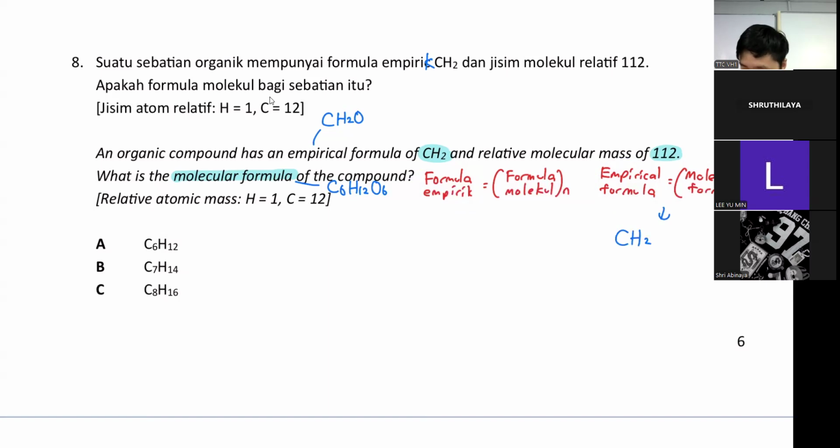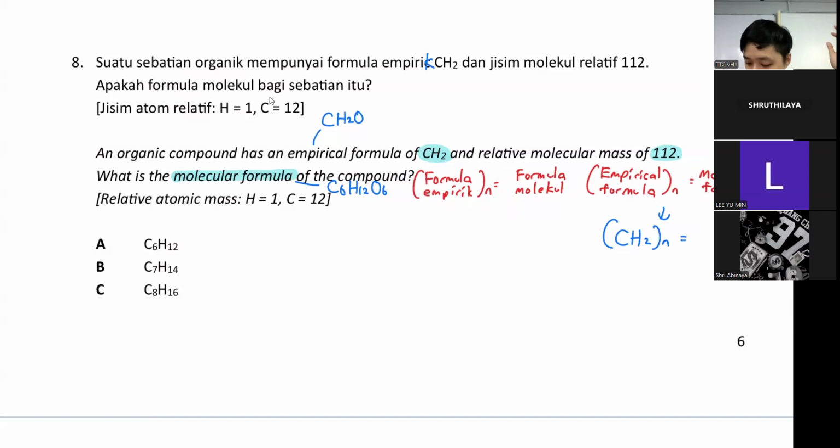So guys, n times of empirical formula equals molecular formula.